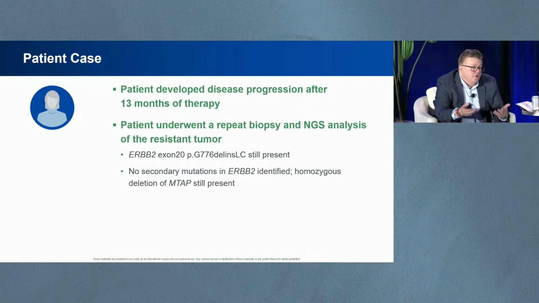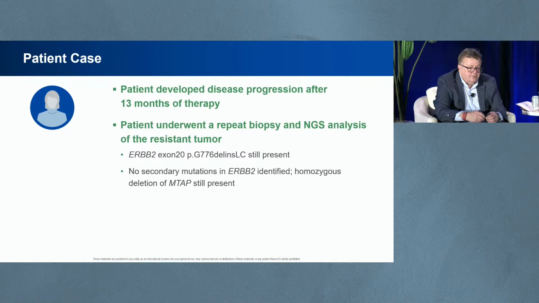There was not a new HER2 mutation to suggest a resistance mutation to cevabertinib identified, and the previously identified MTAP deletion was also still present there. So a similar genetic profile that was there at the time of pre-treatment with cevabertinib. And this is, of course, a very common scenario that we face in the clinic.